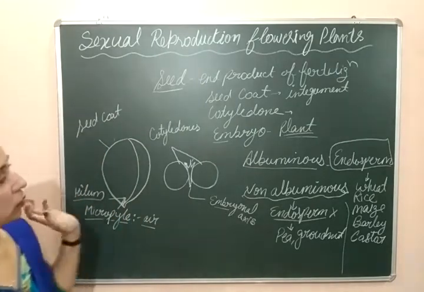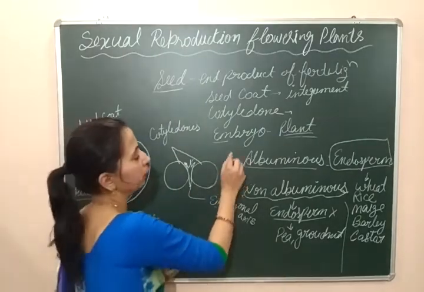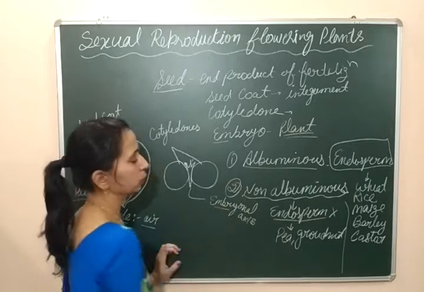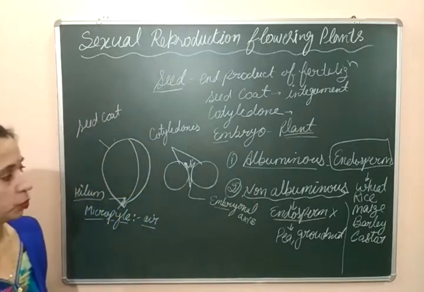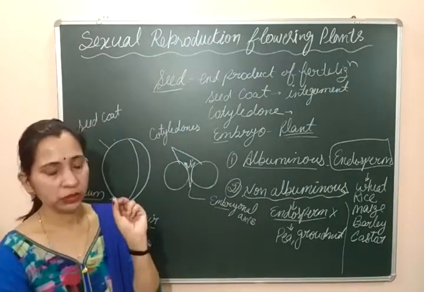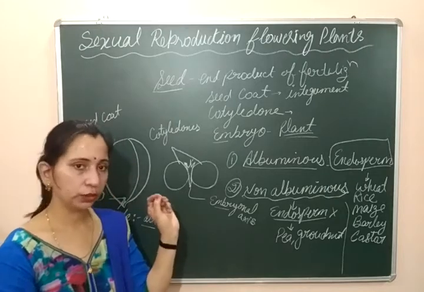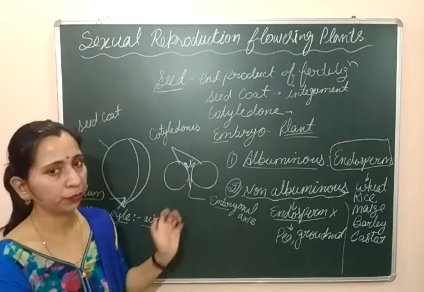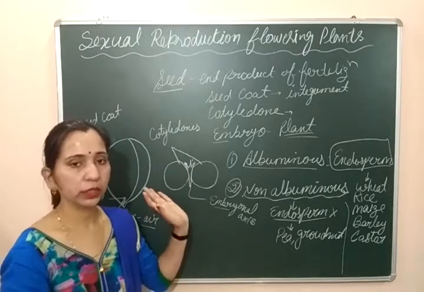So here we discussed two categories of seeds on the basis of the presence or absence of endosperm. Here one more type of seed is there. We already discussed it in our previous video, but here we will recall it again.